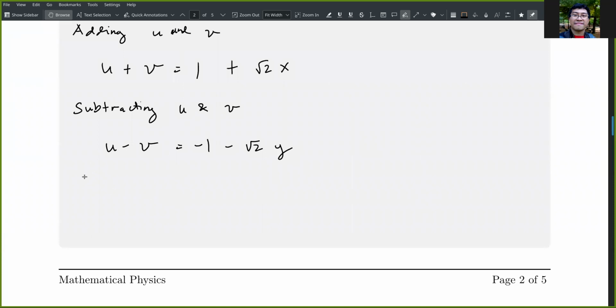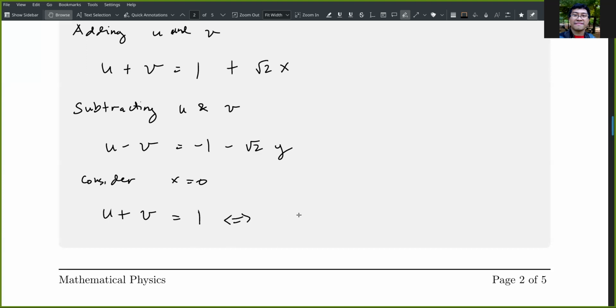So if we consider x equals 0, this doesn't give us anything useful, but this tells us that u plus v would be equal to 1, which is an equation of a line.